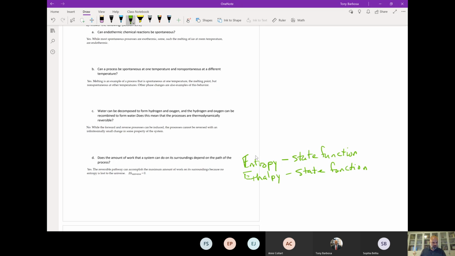They talk about work that can be done and the relationship of delta E to heat and work. And there were a couple of graphs. I'm trying to see if I can find the exact thing I'm talking about.